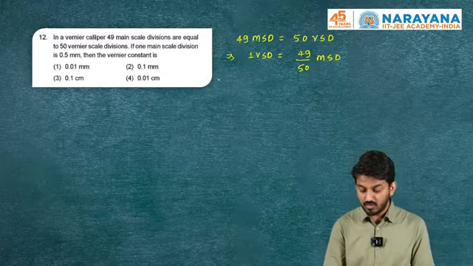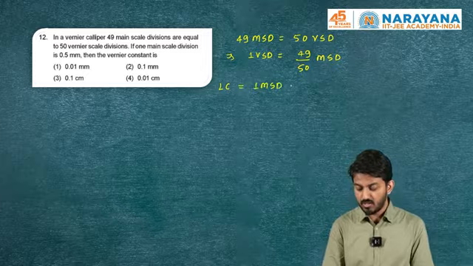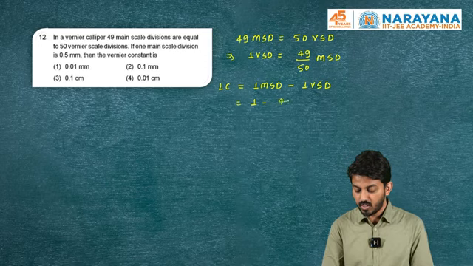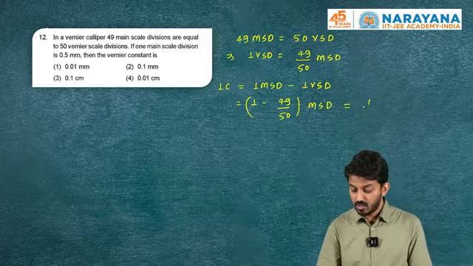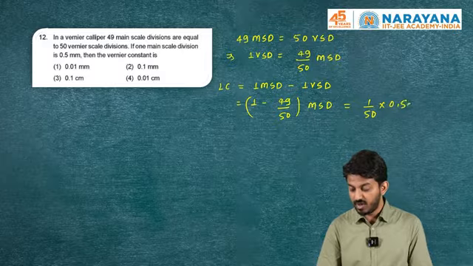Now, the least count, or the vernier constant, will be equal to 1 MSD minus 1 VSD in this case, giving us 1 minus 49 over 50 MSD, which is equal to 1 over 50 MSD, and 1 MSD is, they have said, 0.5 mm.